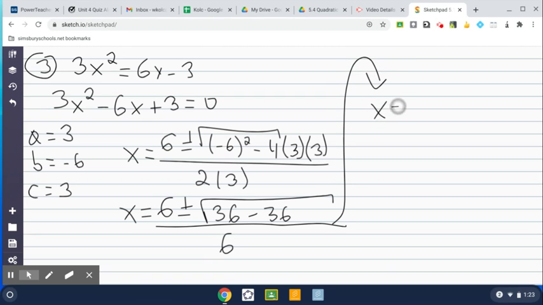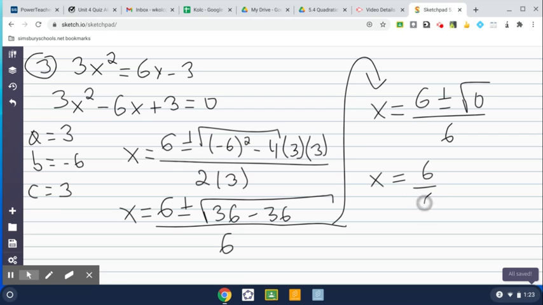So x equals 6 plus or minus 36 minus 36 is equal to 0. Oh, very interesting case. Okay, because square root of 0 is equal to 0. So you get x equals 6 plus 0 over 6, which is 6 over 6, which means x is equal to 1. Okay, very interesting.